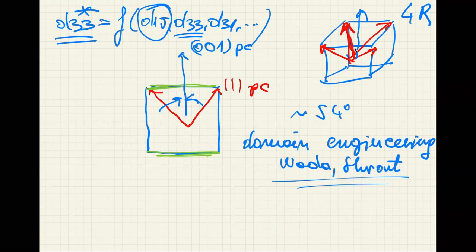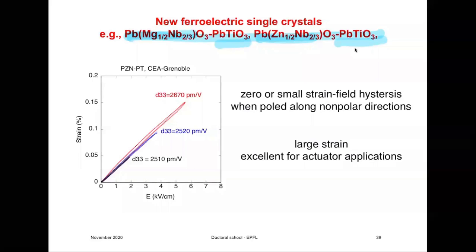There is one paper together, end of the 90s, beginning of 2000, and then several papers by Wada alone for barium titanate, for PMN-PT, and other materials. So you can get very large strain, unhysteretic, very little drift, excellent for actuator applications. Of course, these are single crystals, so they tend to be expensive.